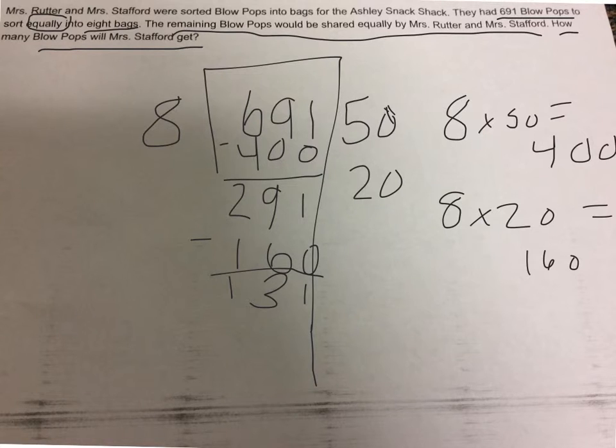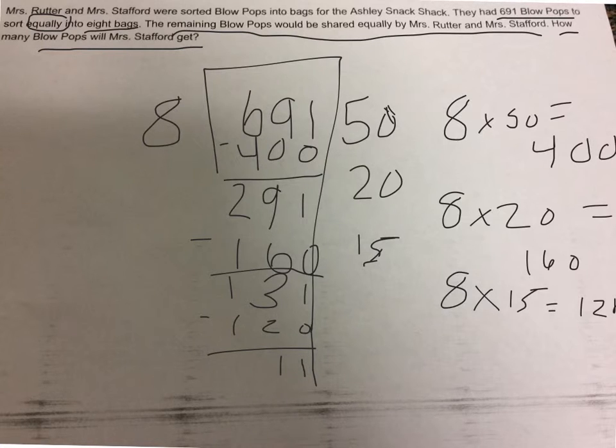Then after you do 131, you're going to do 8 times 15, which equals 120. And we're just going to put the 15 on the side again. Okay, so then we're going to subtract 120. And that should equal 11.